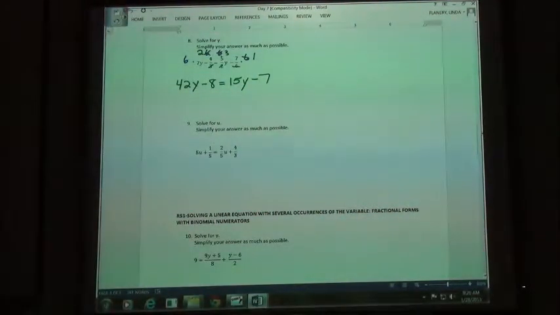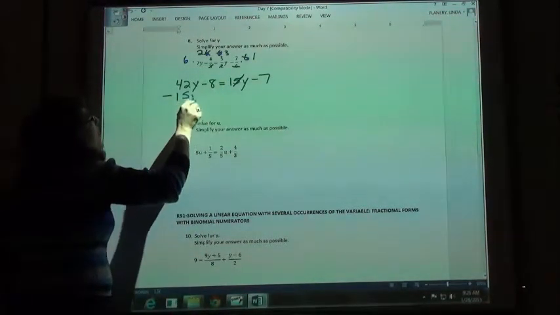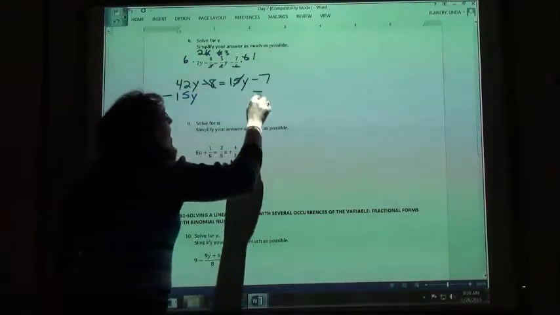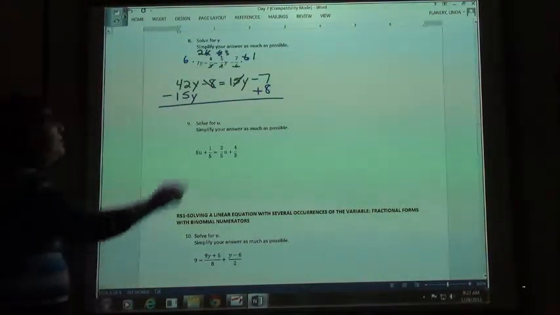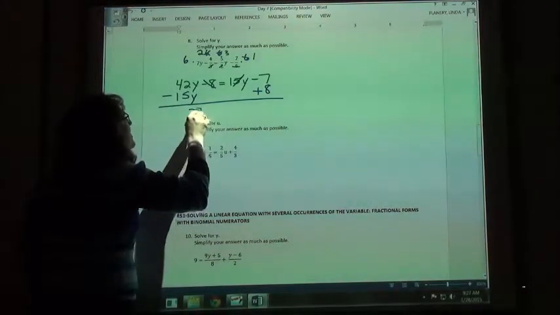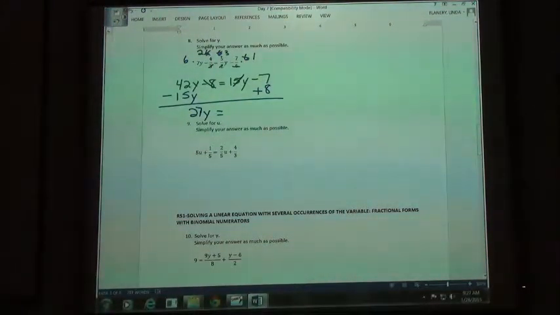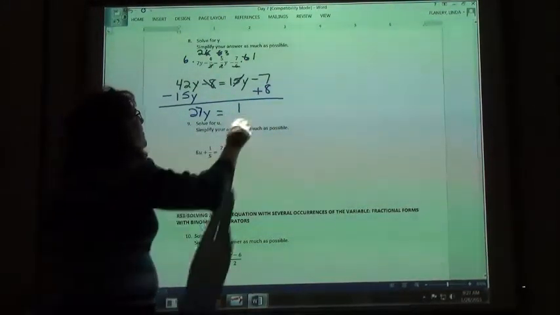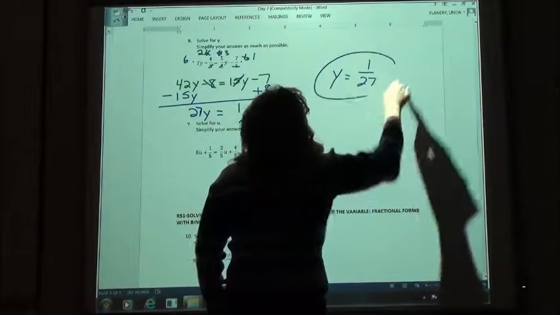I like to move my variables to the left, my numbers to the right, so I'm going to minus my 15y to move that over and add my 8. 42 minus 15 would give me 27y. -7 plus 8 is 1. And then, of course, I'm going to divide. And so y is going to equal 1 over 27.